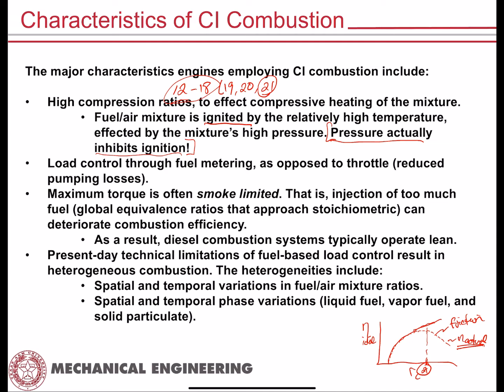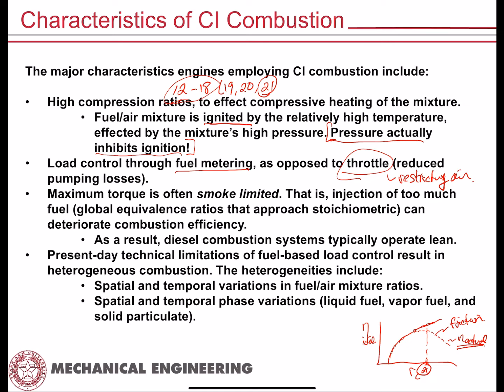Okay, so we also know that load is controlled through fuel metering as opposed to a throttle, right? Remember that a throttle is restricting air. The engine is like the human body. It's just trying to breathe air, okay?